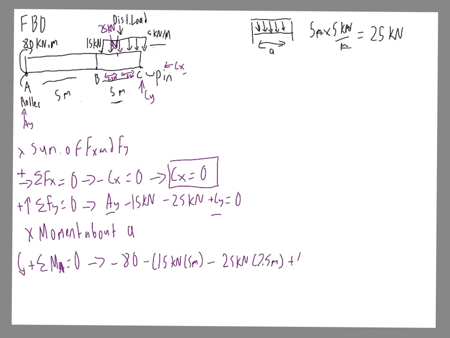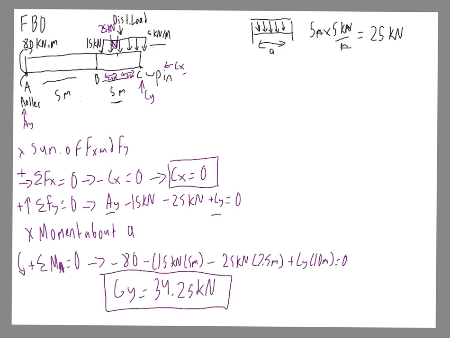Plus CY, which is 10 meters away, equals 0. Giving us the value for CY is 34.25 kilonewtons. Good deal. Alright, now that we have CY, let's go ahead and plug in to find AY.